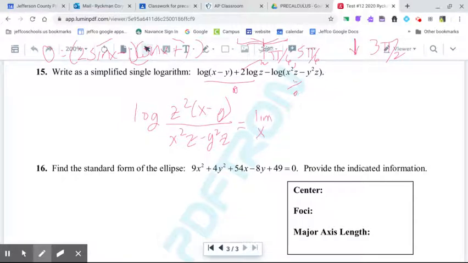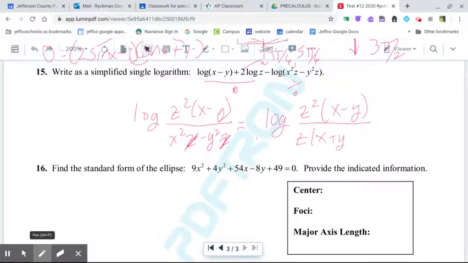Oops, I went calculus all of a sudden, sorry. All right, so the log of, let's say we factor, then the top is pretty much clean, but the bottom, I could take out a common factor of z, and when I had x squared minus y squared, that also factors by difference of squares into x plus y, x minus y.